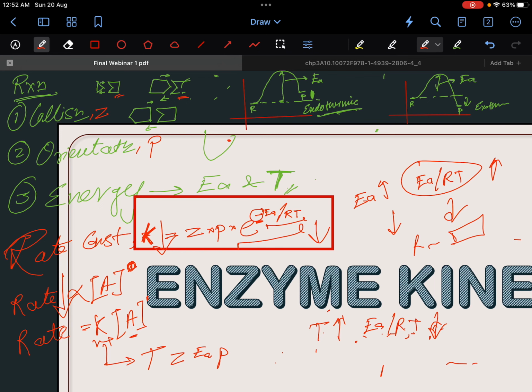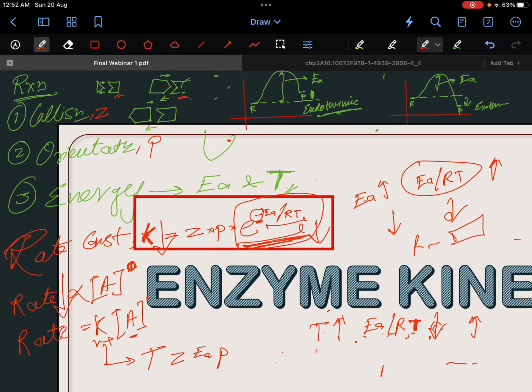It will be low, because the temperature is in the denominator, not the numerator. Again, there is a negative sign, so negative Ea by RT will be high, so this part is high, and K is high.